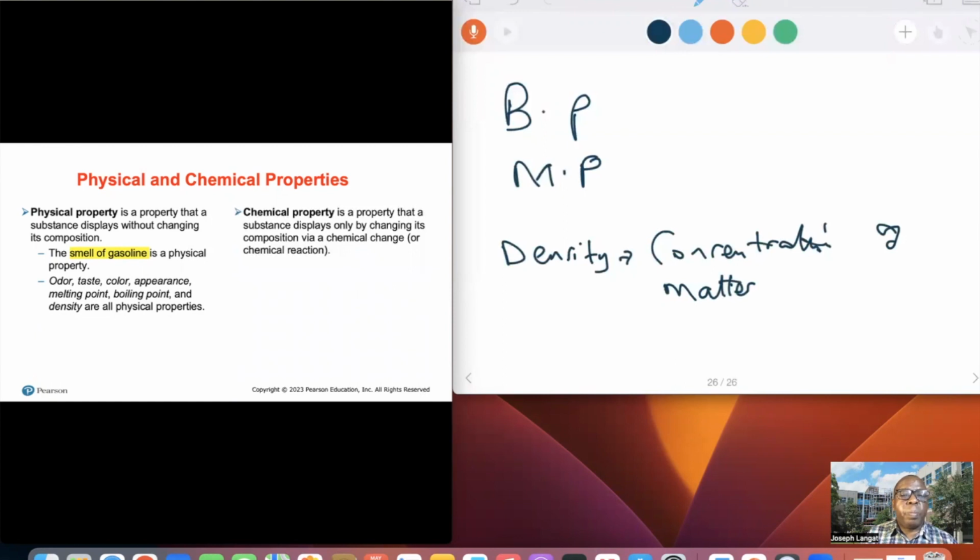Now, chemical property on the other side describes the chemical reactivity of a substance. Gasoline is flammable, that means it can burn. Liquid H2O is non-flammable. How do I know? If I ignite H2O, it will not burn. That is its chemical property. It has to do with chemical reactivity. Concentrated HCl is corrosive. That means it can eat, it can digest anything.